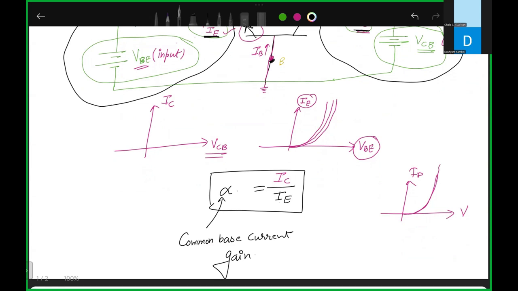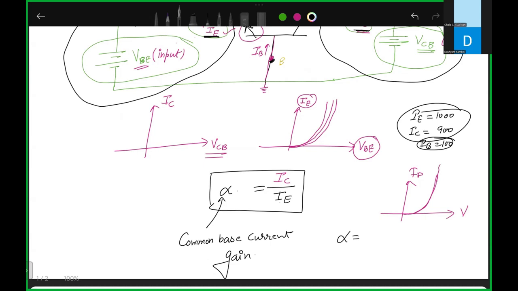So what you are seeing here, the alpha is going to be how much? If you remember, I already told you that if IE is equal to 1000, then your IC is equal to how much? That will be 900, and IB is equal to how much? That is 100. Right, Gala? IE equals IC plus IB.